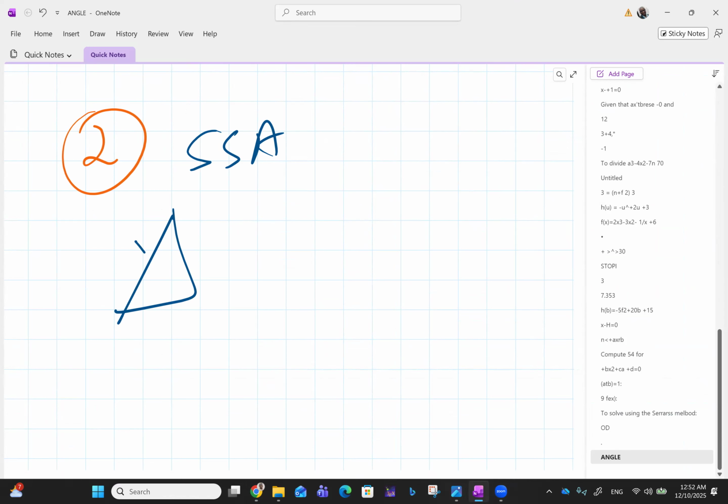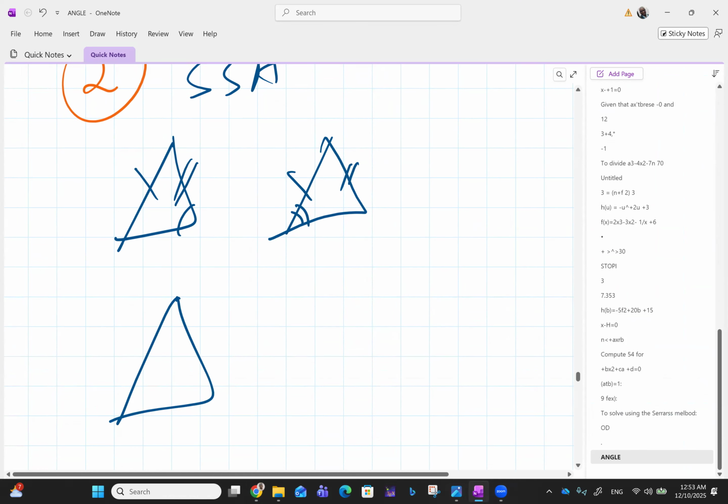Okay, let's say you have this side and this side, and one angle opposite one of them. Or you have this side and one angle opposite one of them.